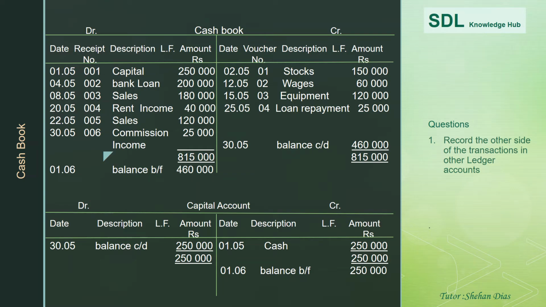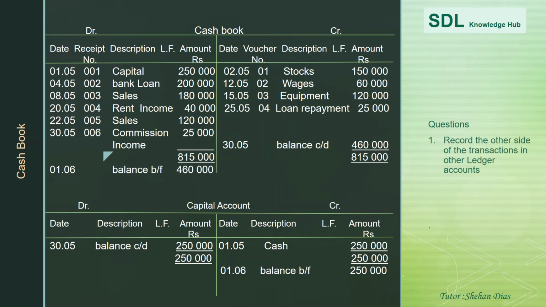So cash going out stating equipment 120,000 credit, voucher number 3, and equipment account debit for 120,000. Received rental income for 40,000, receipt number 4 on 20th. So debit cash book stating rental income for 40,000 and rental income account credit for 40,000.